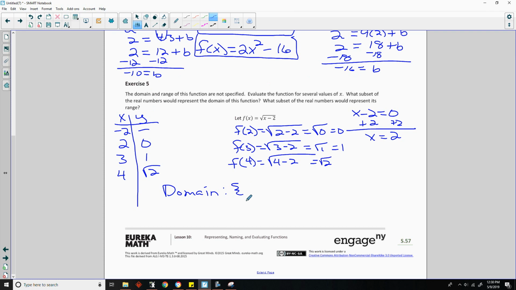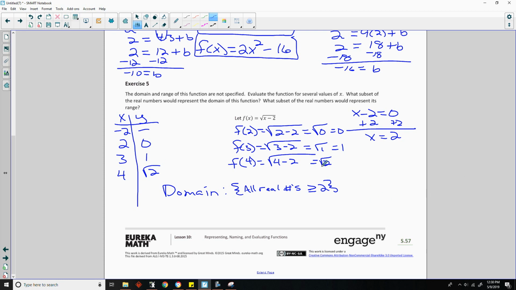And the answer is all real numbers greater than or equal to 2. And there's our domain. 2 works, and everything greater than 2 will work, but less than 2 gives us imaginary units.